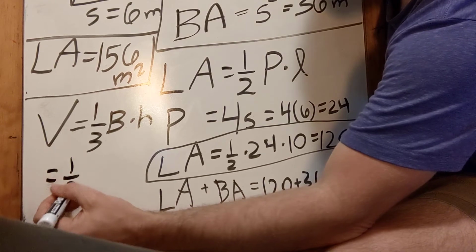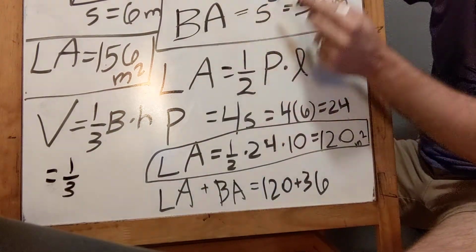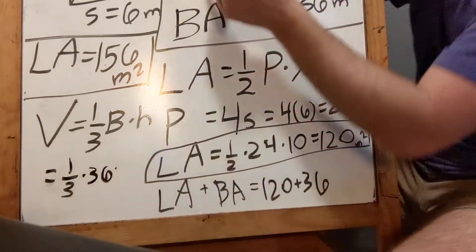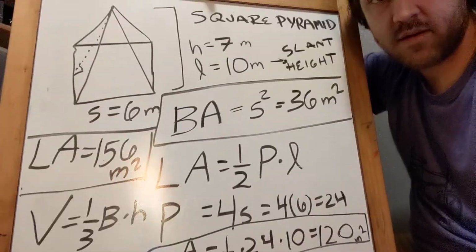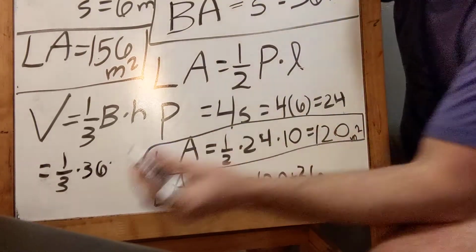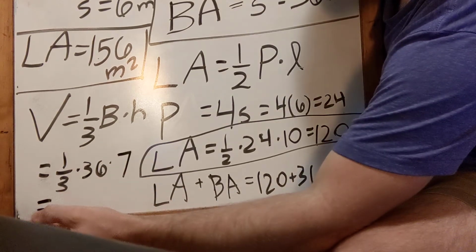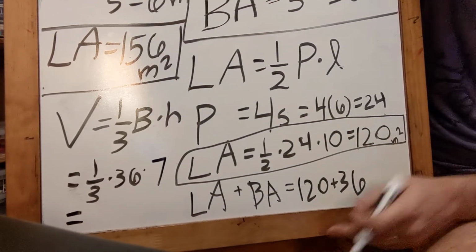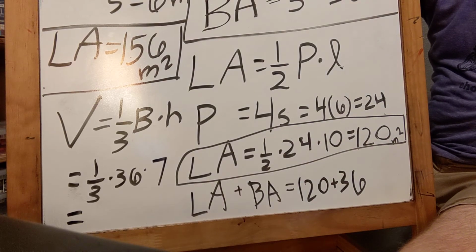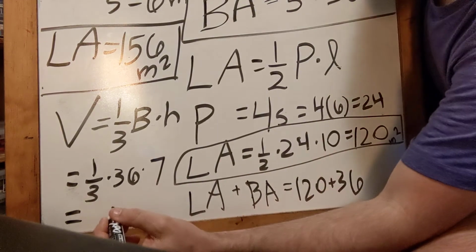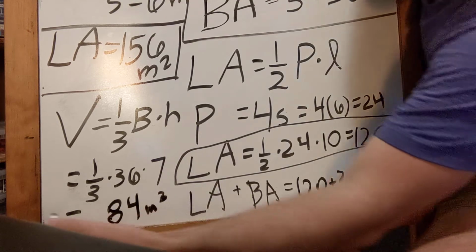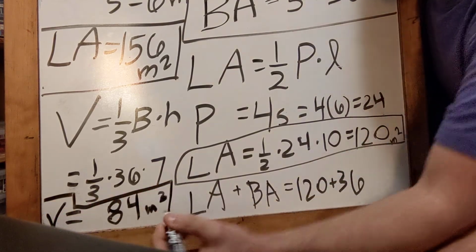So we have 1/3 base, which is 36, height, which, going back up here, is 7. 1/3 times 36 times 7 is 84 meters cubed. That's the answer for the volume.